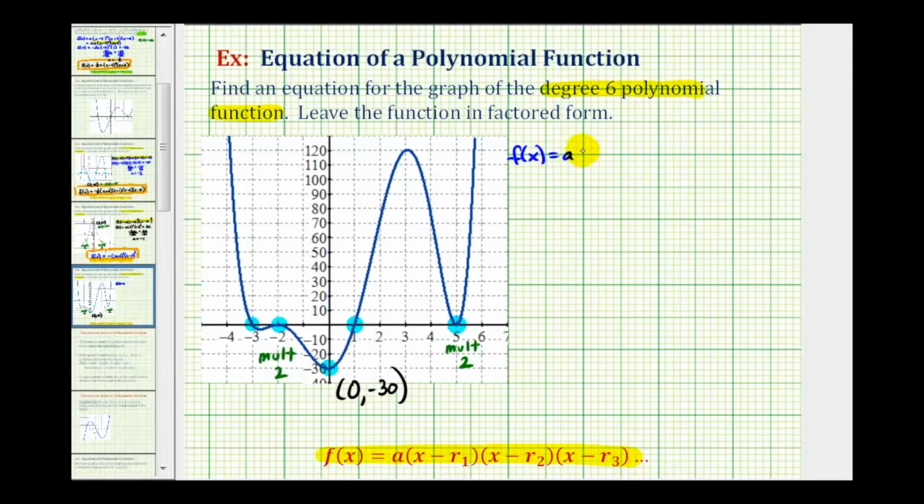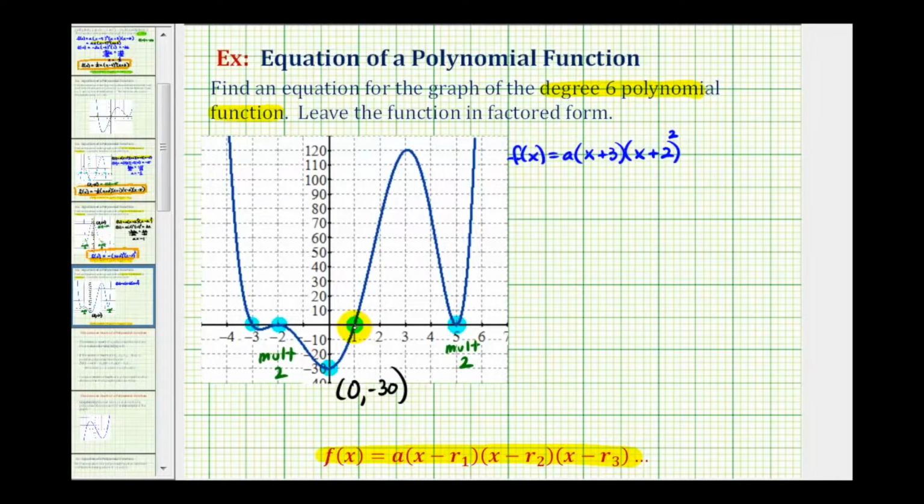equals a times, the first zero is x equals -3, so the factor must be x minus -3 or x plus 3. The next zero is -2, so we'd have a factor of x minus -2 or x plus 2. But because the multiplicity is 2, we need 2 factors of x plus 2, or the quantity x plus 2 squared.